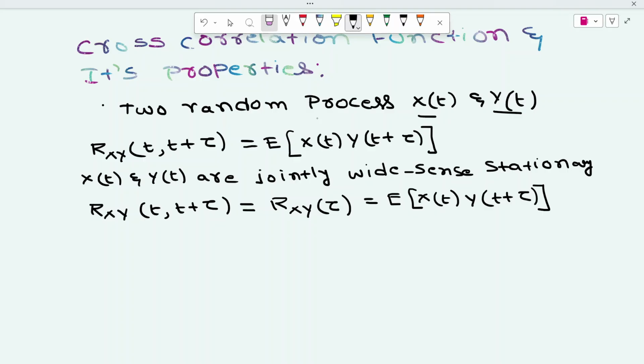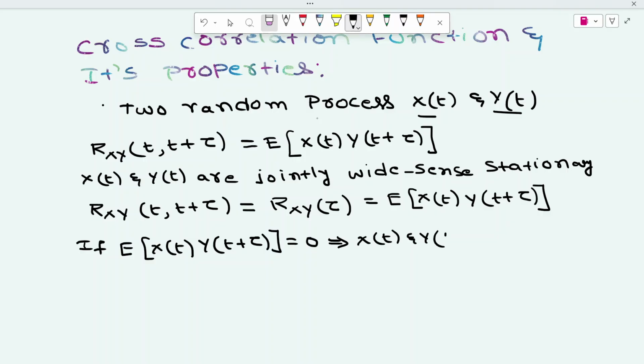So if expectation of x of t into y of t plus tau is equal to 0, then both x of t and y of t are orthogonal to each other.